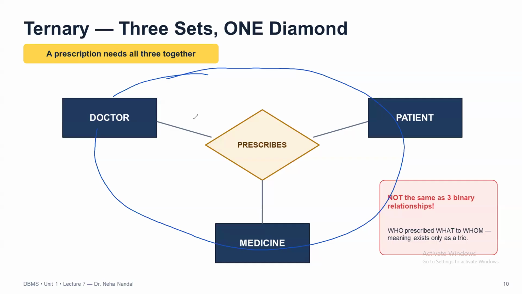When you try to break it into different binary pairs, your information will be lost. That is the key point of this question, which sometimes becomes confusing during exams. Why is this ternary relationship required? So that with the trio we can generate meaningful information through the ER model.